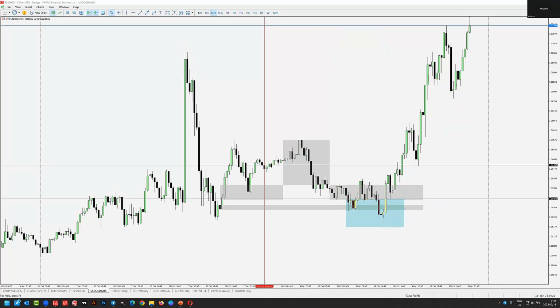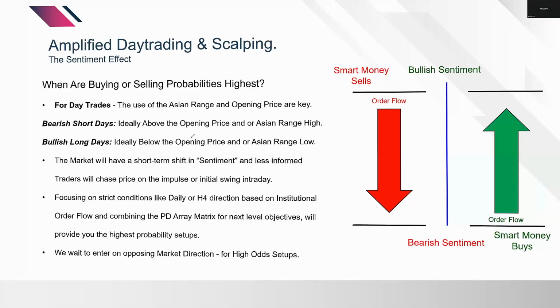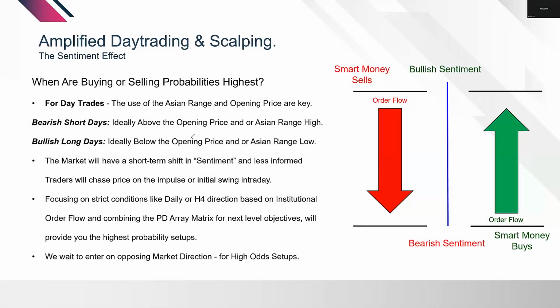So when you look at when the probabilities are high for you to be a seller or for you to be a buyer, the first point of call, if you are scalping, right? If you are looking for short opportunities and you know that your directional bias is bearish, you need price to be above the opening price for that day and or Asian range high.